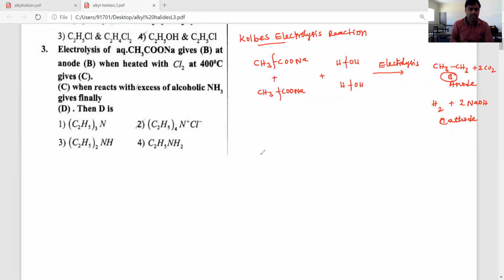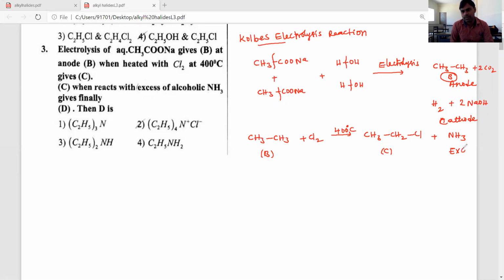This is on chlorination. Ethane, CH3-CH3, on chlorination reacts with chlorine, a free radical substitution reaction at 400 degrees centigrade. Then the product is CH3-CH2-Cl. Okay, this is C. This C is treated with excess of ammonia.